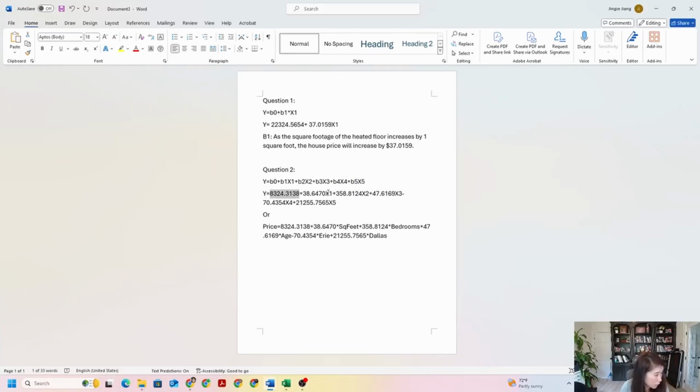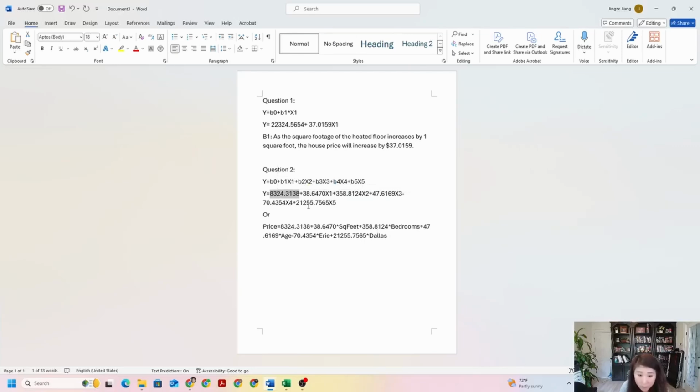If the square footage of the heated floor is 0, there are no bedrooms, the age is 0, and it is not located in Erie or Dallas, it will be in Pullman. So the price is $8,324. Of course, it doesn't make sense, right? How can you have a house with no bedrooms? Therefore, usually you are not asked to interpret the B0, but definitely the rest of the partial coefficients you will be required to interpret.